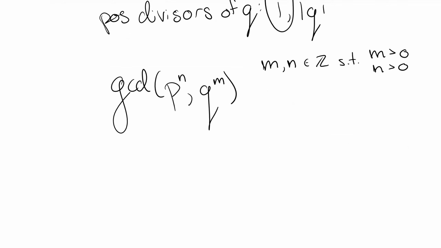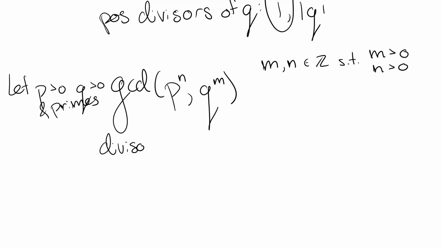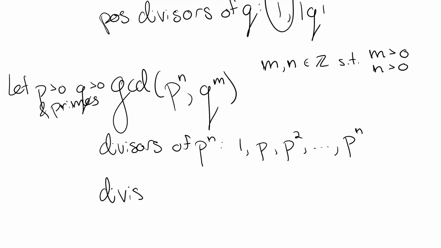So what are our positive divisors? Here, let P and Q be positive primes. Then our divisors of P to the n, well, guess who those are? That's 1, P, P squared, dot, dot, dot, P to the n. Remember that dot, dot, dot just means we're continuing the pattern. It might be that n does equal 2, so it really just stops there, but we're just writing it in more generic terms.